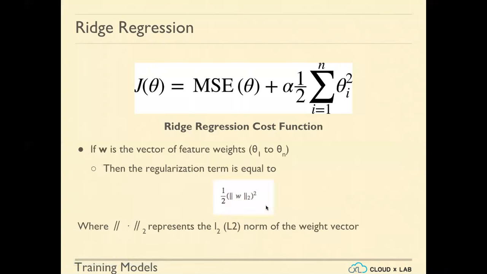If W is the vector of feature weights from theta 1 to theta n, then the regularization term would be equal to 1 by 2 times the L2 norm of W squared.